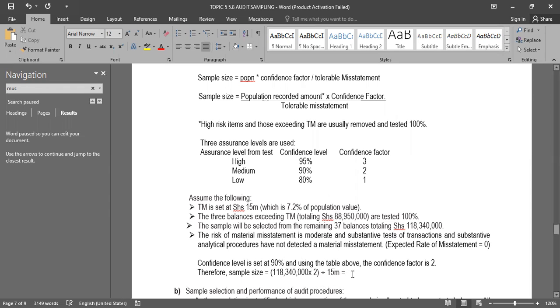So someone should help us compute. What do you get as the answer? Shakira, answer in your calculator: times 2 divided by 15.